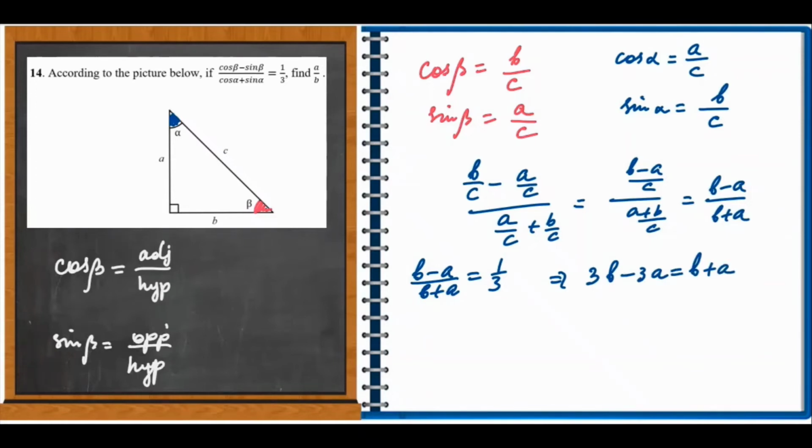Now we can find the relationship between b and a. 2b is going to be 4a, and b is going to be 2a. Now we must find a over b. A over b is equal to a over 2a. We replace b with 2a. Now it's going to be 1 over 2. The correct answer is 0.5 or 1 over 2.